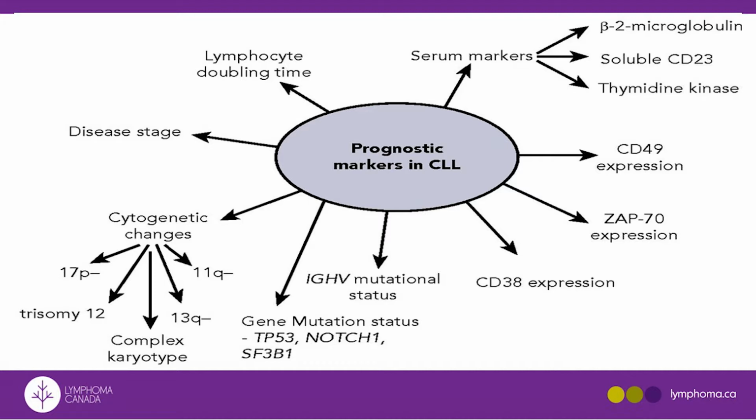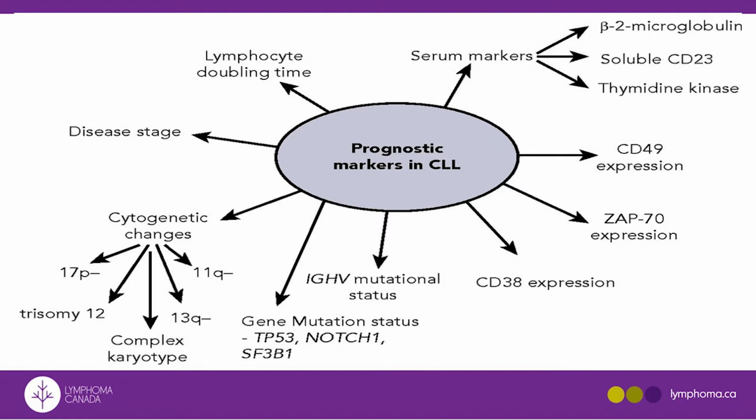And one can use the number of CLL cells in the blood to guide you as to how aggressive or how rapidly the disease will progress. And so what the doubling time is simply is you look at the white blood cell count on day 1, and then you look at it again a year later and a year later after that.